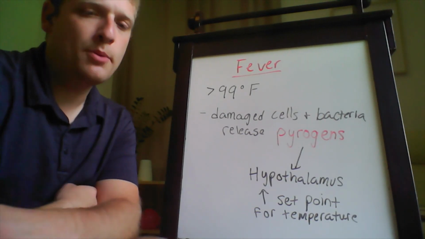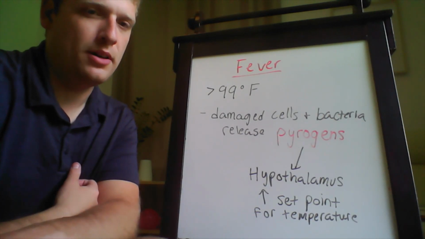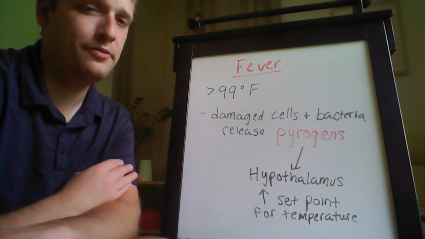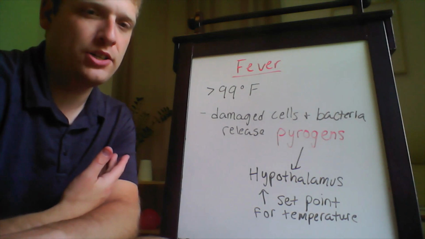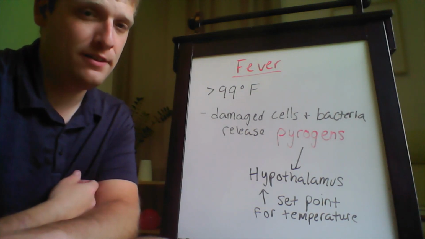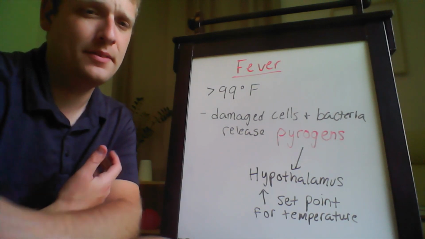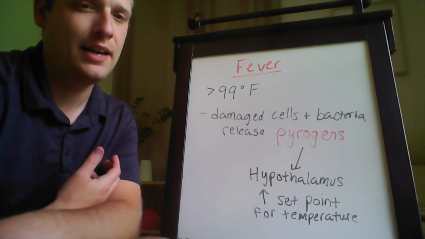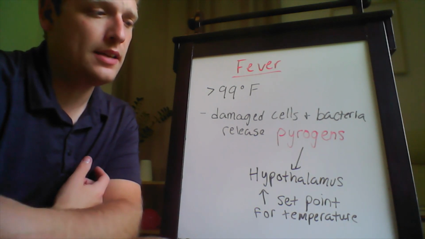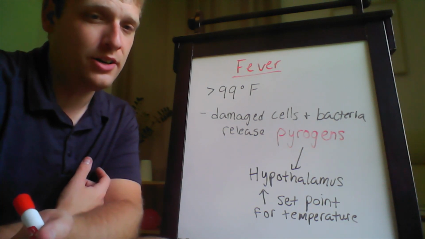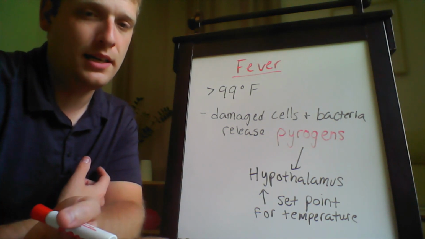So the last part about the inflammation response is that part of this injury or an infection can lead to a fever, which is defined as a body temperature over 99 degrees Fahrenheit. So this is actually going to serve a physiological purpose related to immunity.